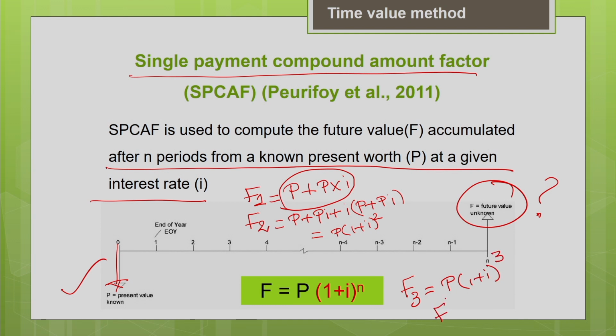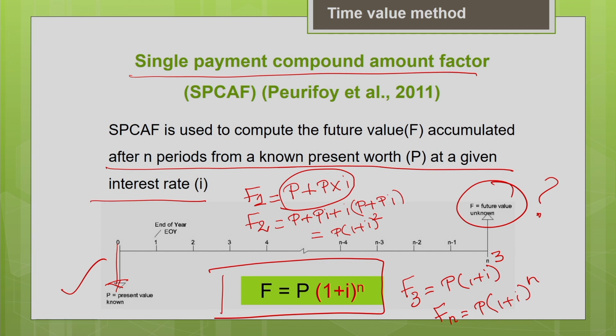The future value at the end of the nth year is P into (1 plus I) power n. This is how we get the formula F equals P into (1 plus I) power n. If I know the present value of a sum, I can know its future value at the end of n years, if n is known and the compounding rate of interest I is known.